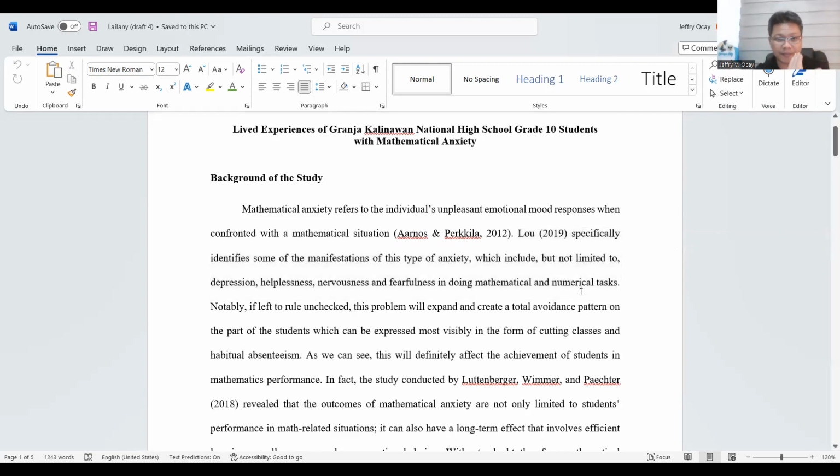And then since we are writing the background of the study using the inductive style of writing, after the brief discussion of the meaning, nature, and dynamics of mathematical anxiety, we proceed right away to the articulation of the research problem.